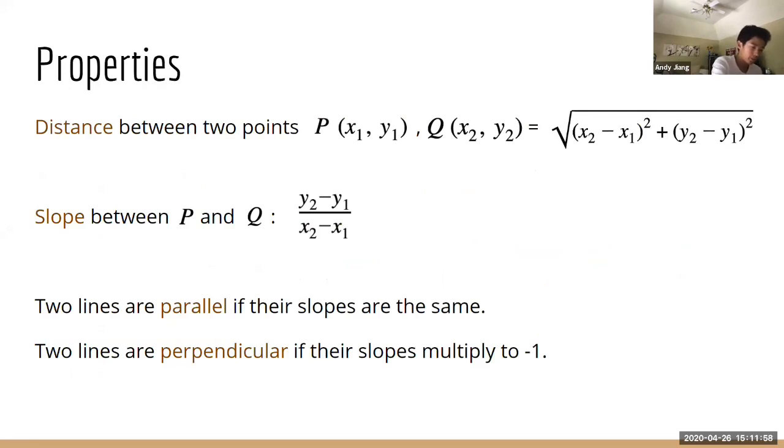So our distance formula for finding the distance between 2 points comes from the Pythagorean theorem. Given points P and Q, this is our formula for finding the distance.